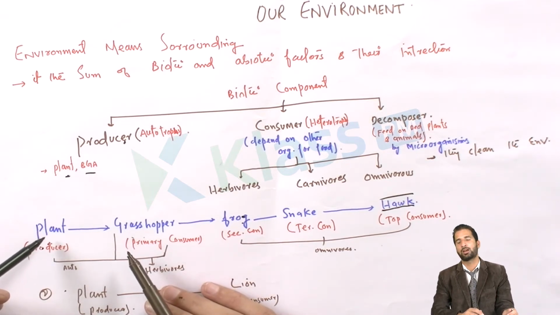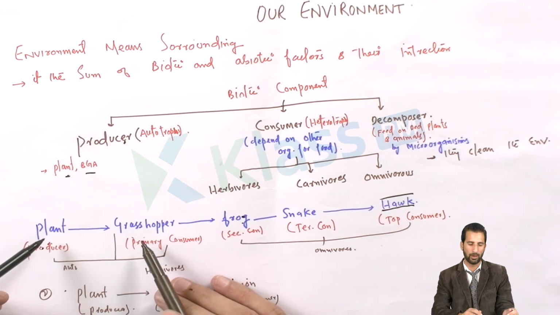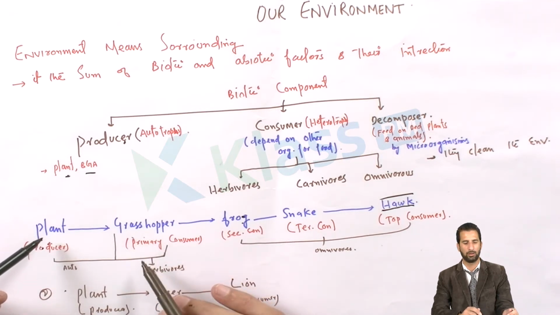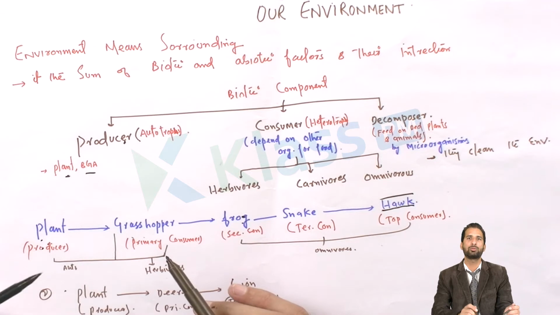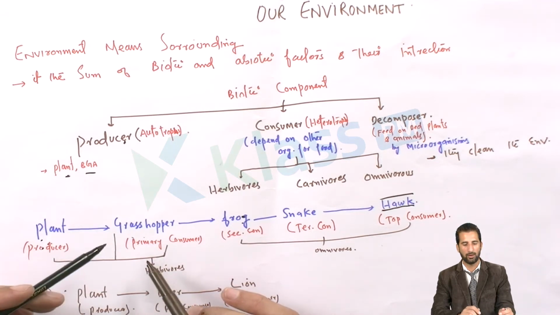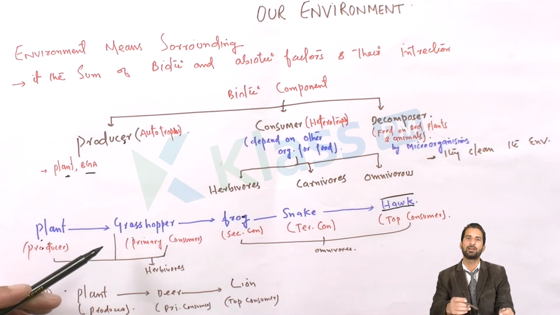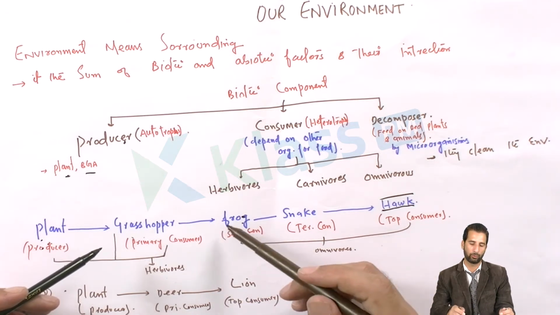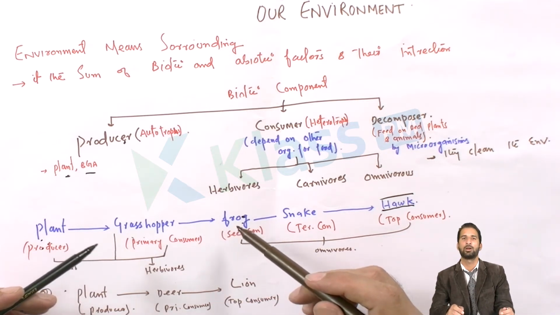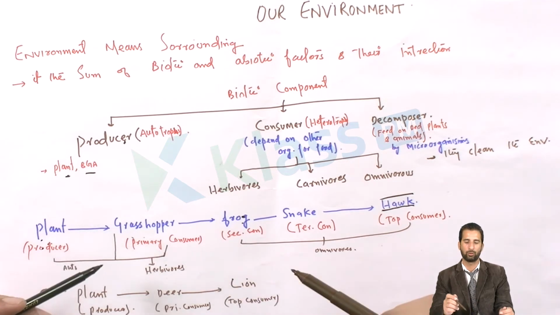Next, these plants are eaten by the grasshopper, and the grasshopper acts as a primary consumer. So the primary consumer eats the producers, and in turn the grasshopper is eaten by a secondary consumer. The frog is an example of a secondary consumer which eats these grasshoppers.